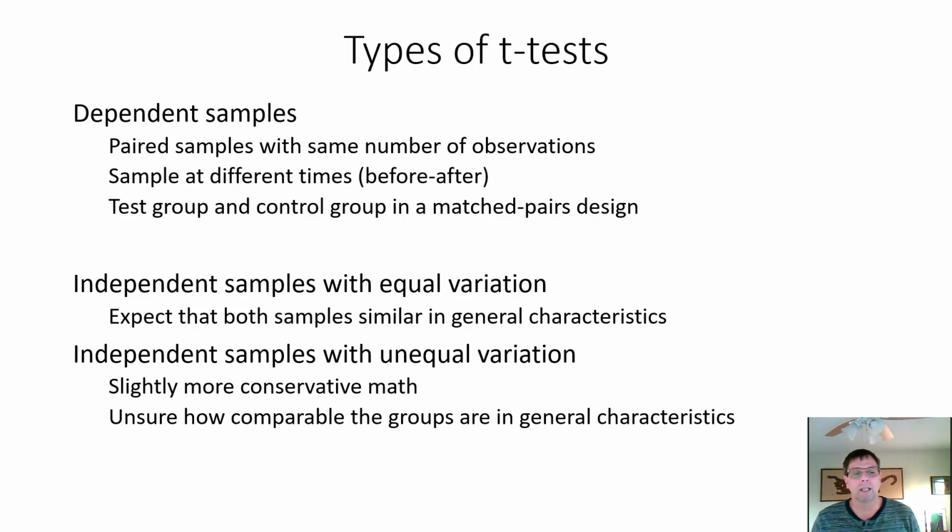So you're just trying to say, how are they different? You expect that both samples are going to be similar in general characteristics, to have equal variation, and that means that you're not going to expect that there would be any change between the two groups in how the data is distributed across the sample, which is different from the independent samples with unequal variation.